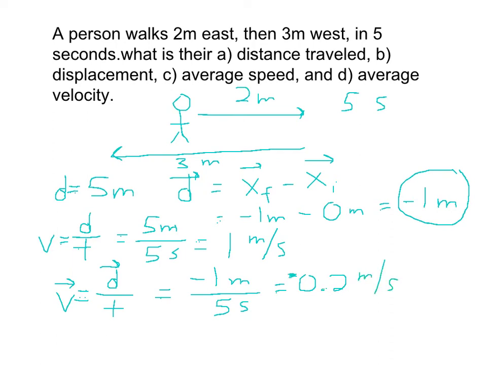Okay, so it might seem a little strange to you that you have a negative velocity, negative 0.2. But it makes sense because our displacement is negative. So you can have a negative velocity. You cannot have a negative speed. You can have a negative displacement, but you can't have a negative distance.